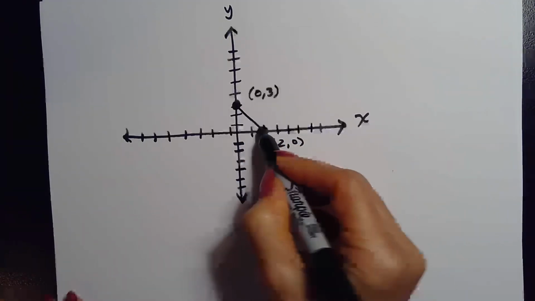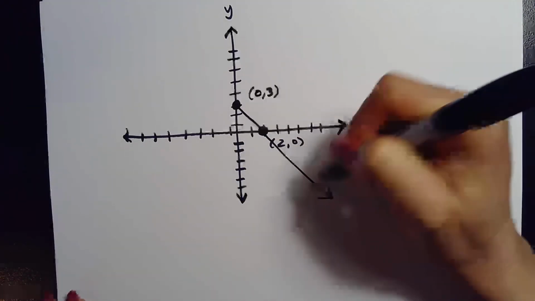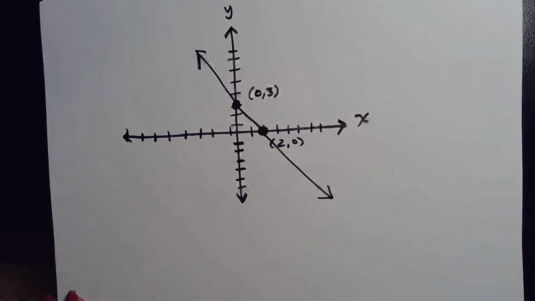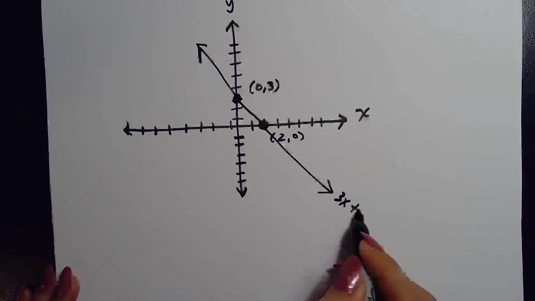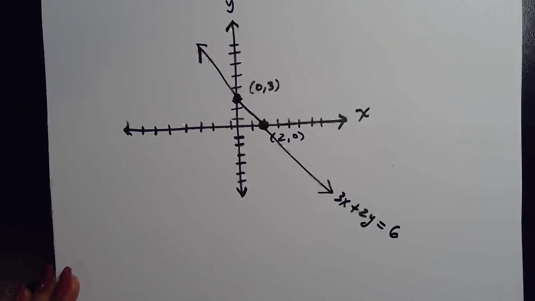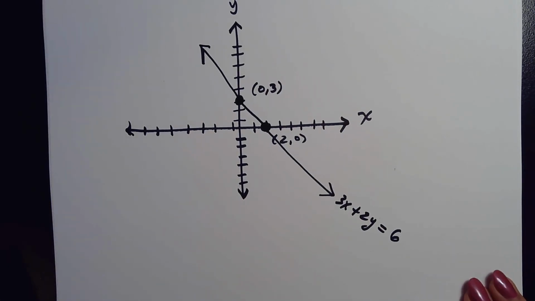And then you connect the 2 points and you extend the line. And that gives you the graph for 3x plus 2y equal to 6, the line. Okay? There it is. All right. So we completed that.